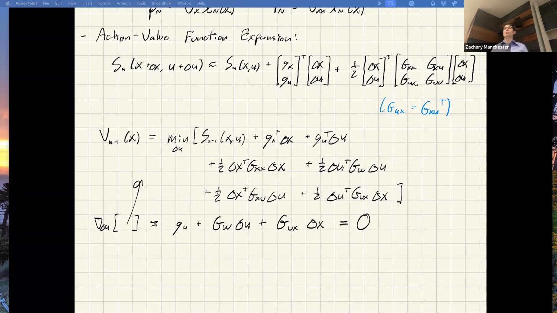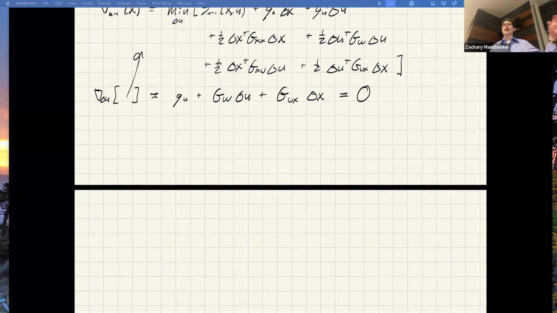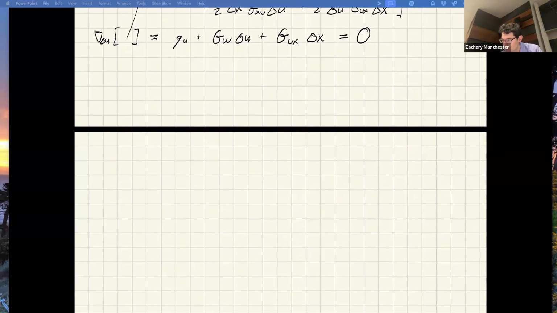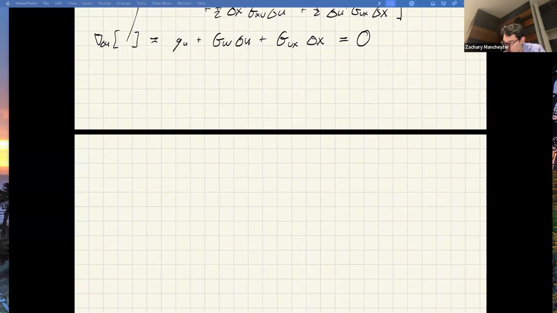We set that to 0, and now I can solve for delta u as a function of delta x and a constant. I'm just going to rearrange that expression.